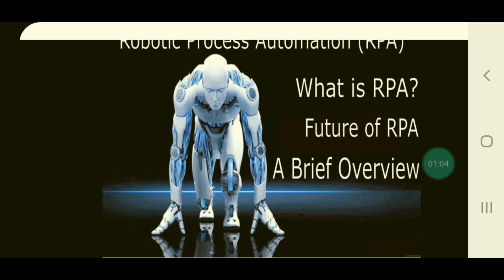Here we'll discuss what is front office automation and back office automation. So we'll consider front office automation first. We have a use case. Let's consider an example of a customer support case.